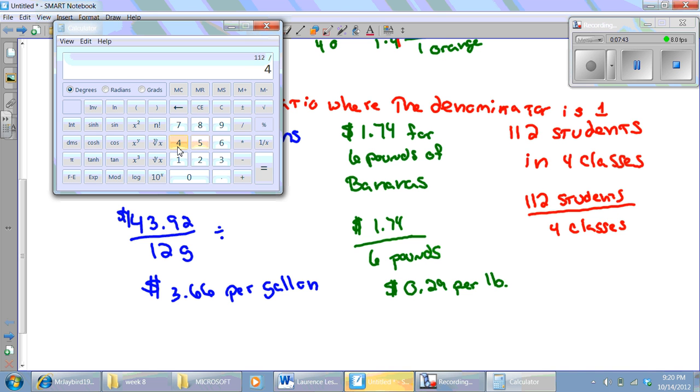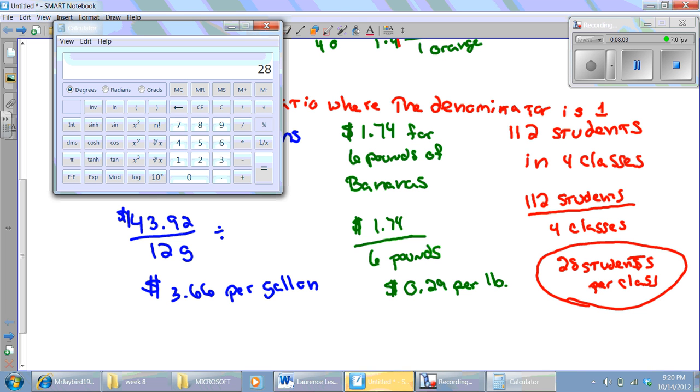Well, I take 112, I divide by 4, and I get 28. So there are 28 students per class. And that's it. That's all you do. There you go.